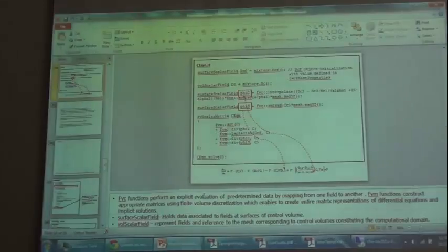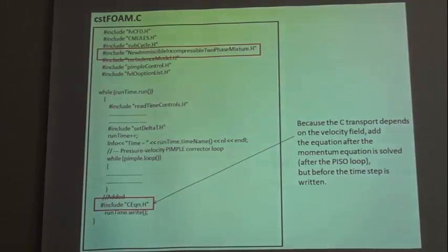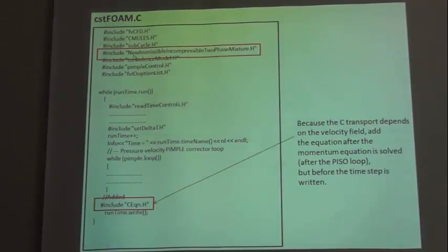And the last step that you have to do is ensure that this equation is actually accessed by the solver. So here it will be accessing various header files, and the solver uses an approach called MULES, which stands for multi-dimensional universal limiter for explicit solution.